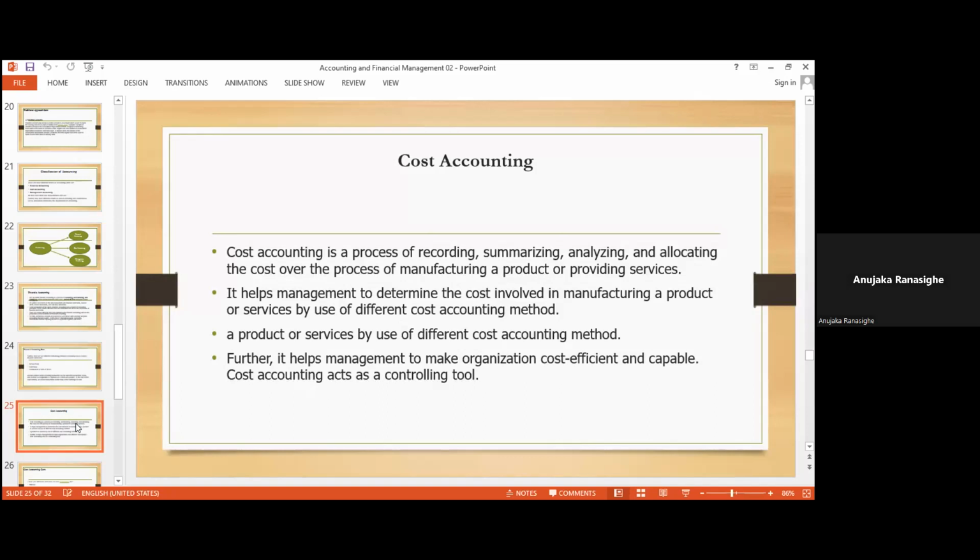These are used for allocating the cost over the process of manufacturing a product or providing a service. This is cost accounting. We will discuss it later. Cost accounting is another lesson for your module. Please get a general idea for this.